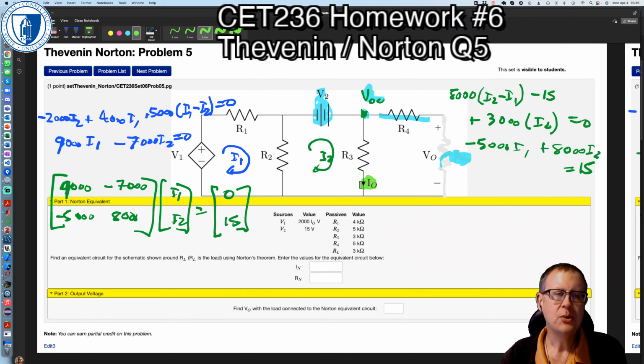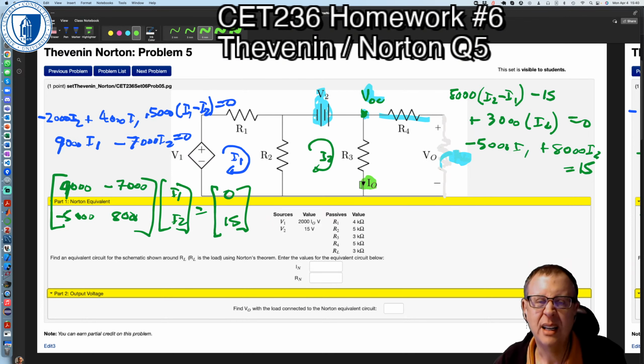So minus 2000 I2, and then R1 is 4K, so that's 4000 I1, and then R2 is 5K, so that's 5000 (I1 minus I2), because I2 is flowing in the opposite direction through R2. And all of that equals 0. That can come down to 9000 I1 minus 7000 I2 equals 0.